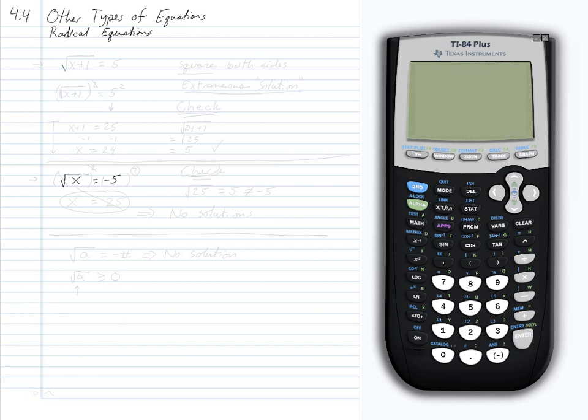So for instance, the square root of x plus 1 equals 5 would be one possibility. Now we solve these equations by raising both sides to the power necessary to eliminate the radical. So in this example, we might square both sides.